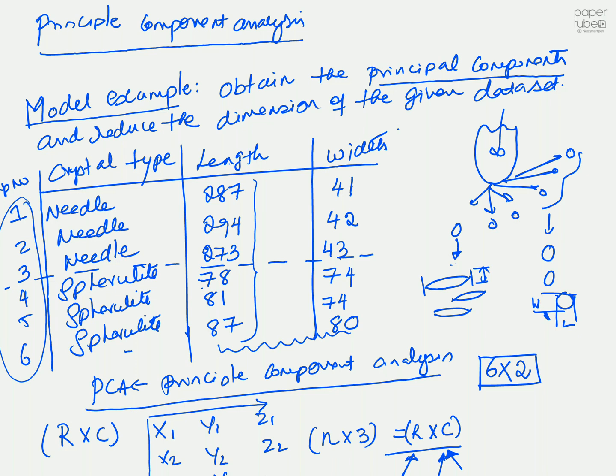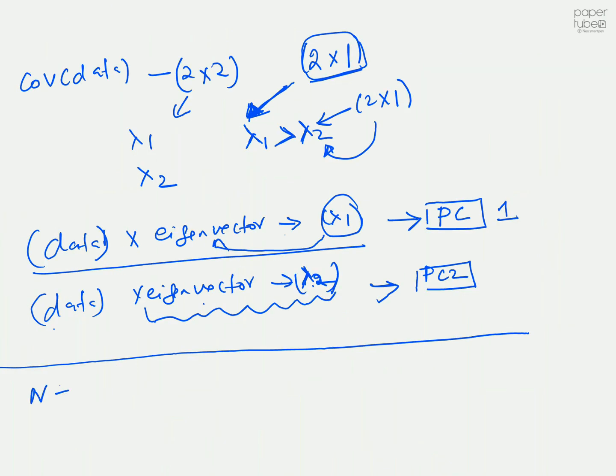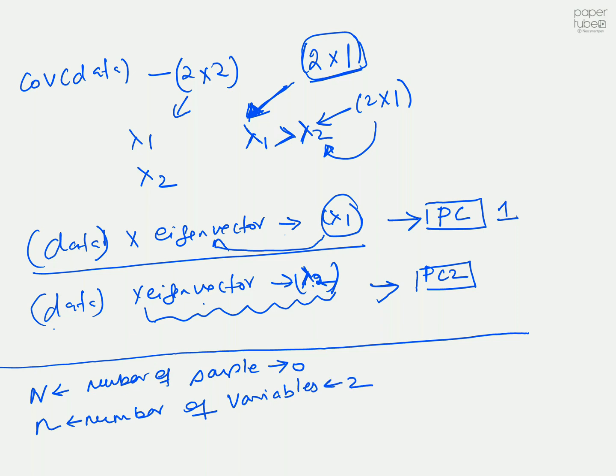So let's call the number of samples capital N. The number of samples is 6, and then the small n, the number of variables, is 2.